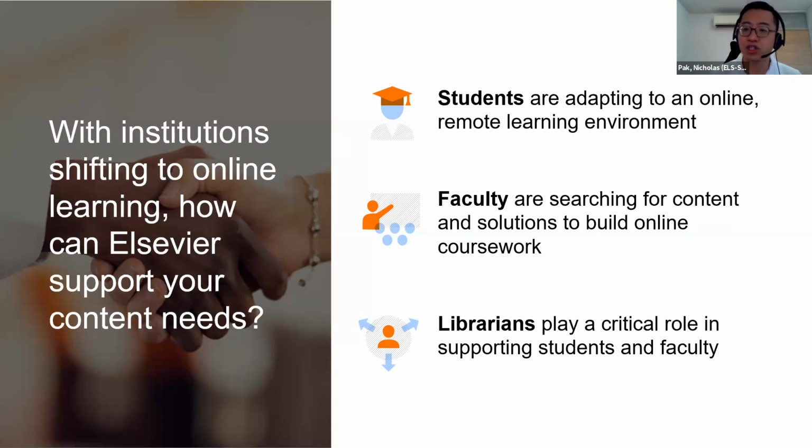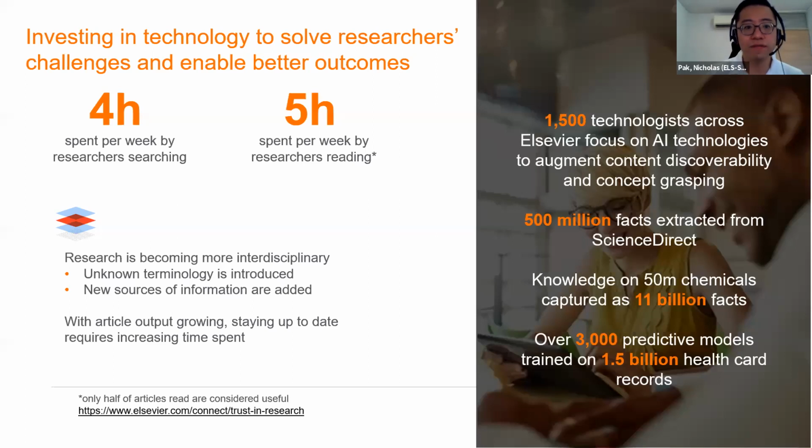Faculty researchers are able to search for content and solutions to build their online coursework, and librarians can support their end users as well. So one of the key things we have identified is to understand user behavior.